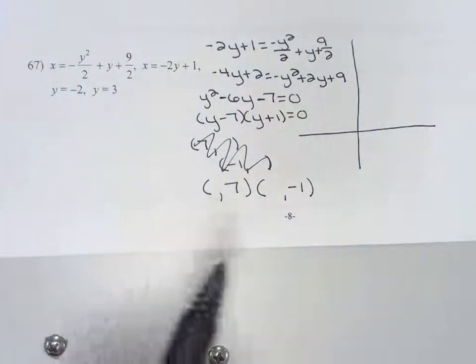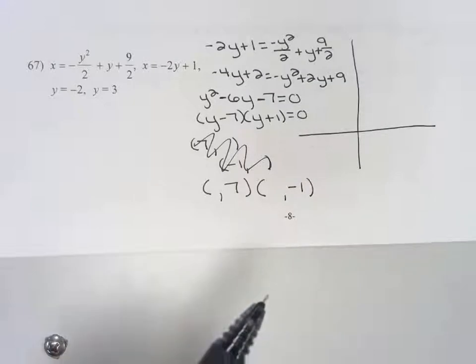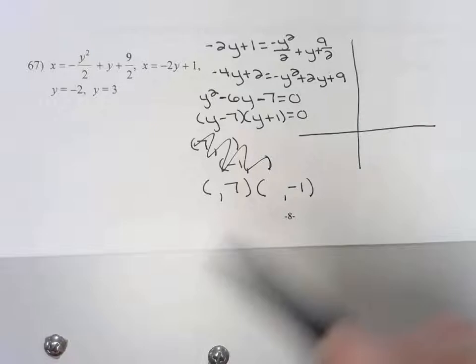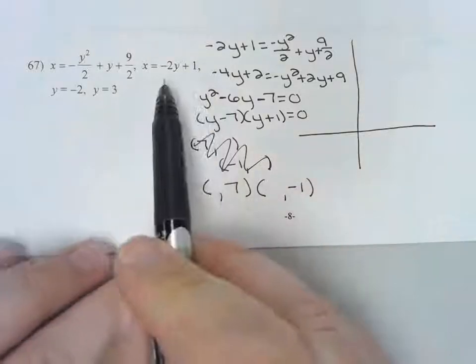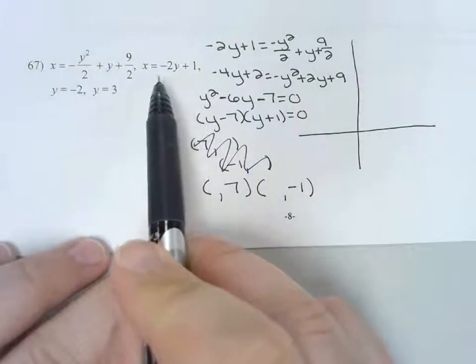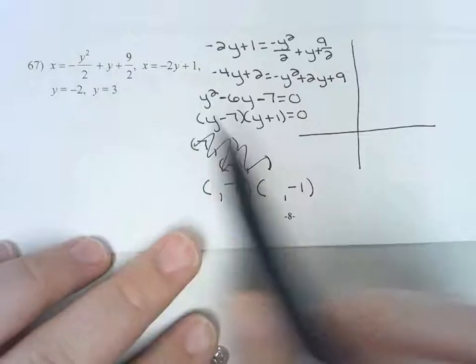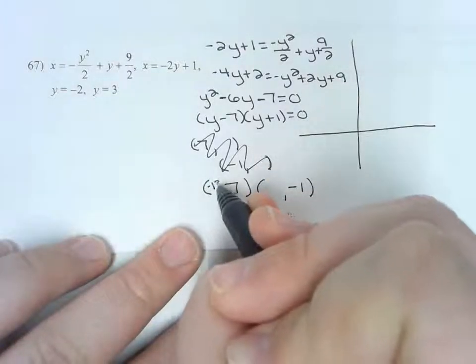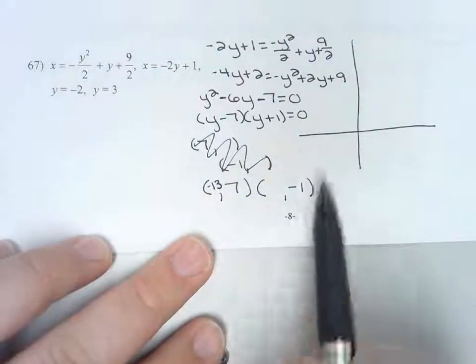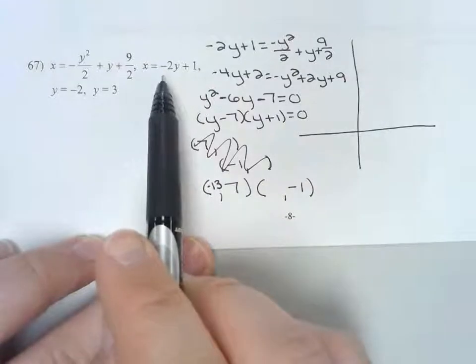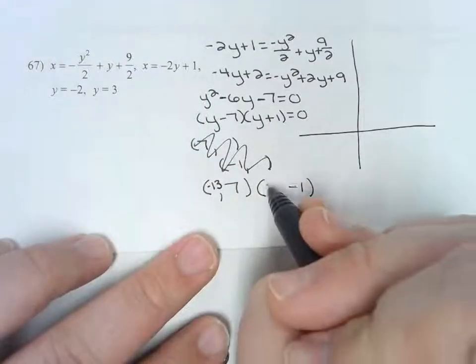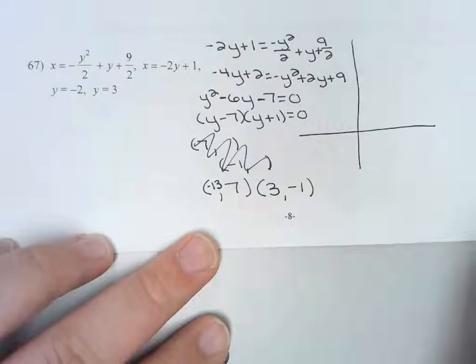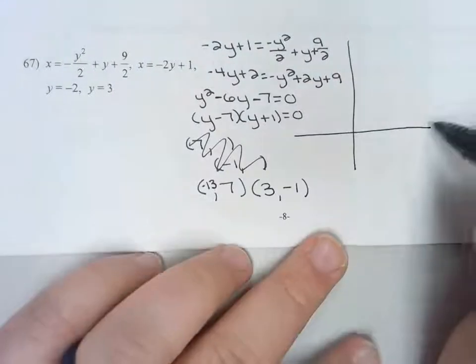If these are the y values, we're going to plug them in to find the x values. So negative 14 plus 1, negative 13. Negative 1, so 2 plus 3. So negative 13, I'll draw a better graph.